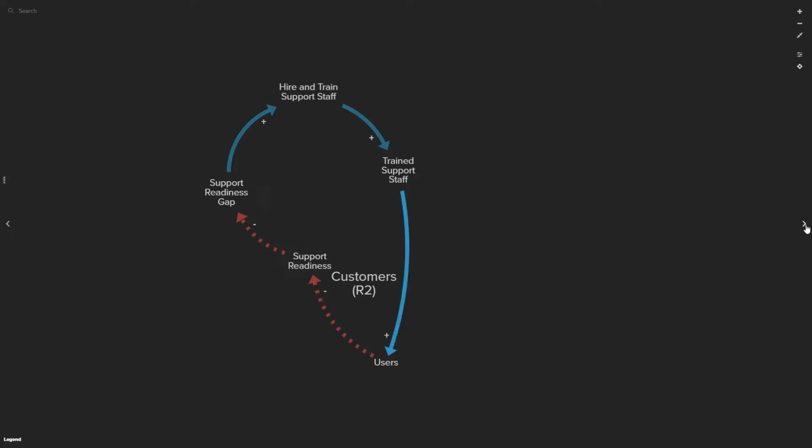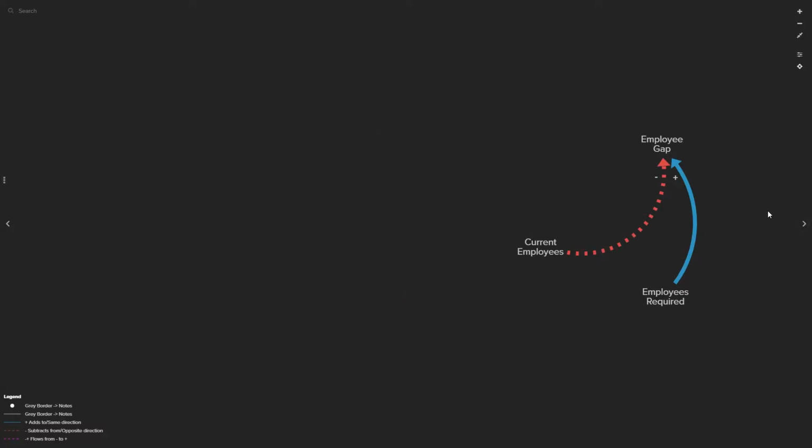Now, while this is happening, because the company is accumulating customers, the rest of the organization has an employee problem, in that they have a current number of employees which is simply fewer than they need, because they have to ramp up production and marketing and sales and all of the other aspects of the organization in addition to support. And where do you think the company finds employees that know the company and know the product and know the customer?